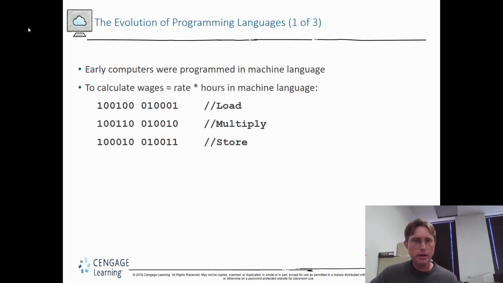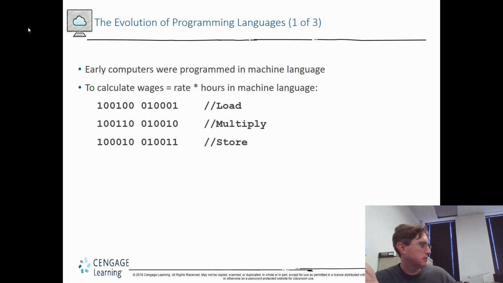Let's talk a little bit about programming languages and why this doesn't work for us very well. So machine language, if you're looking at machine code, you might have these 3 instructions if you want to do something simple like a multiplication and store that result in a variable.